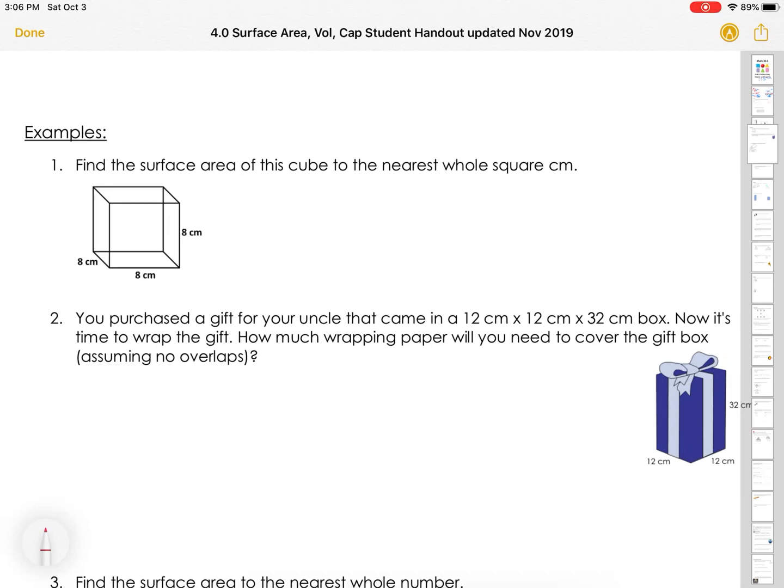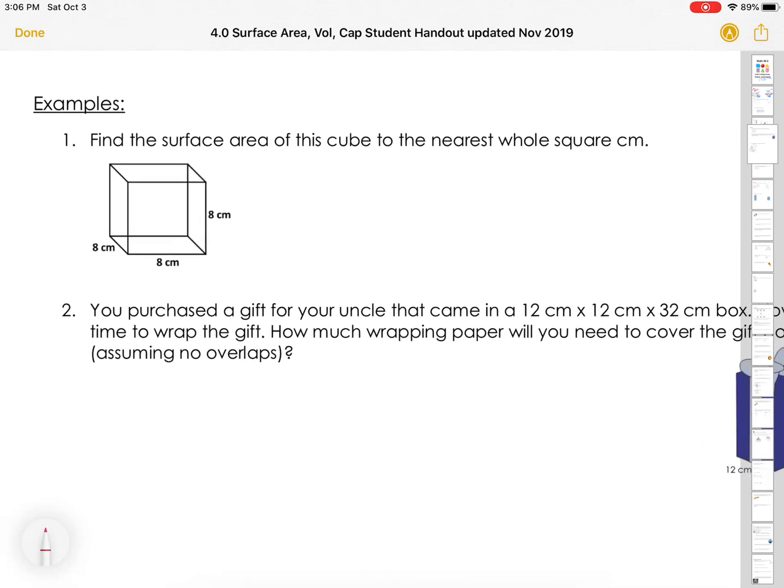Cubes are nice because all the sides are the same, so the surface area is going to equal 6 times the surface area of one side. Okay, so in this case, the surface area will be 6 times s squared.